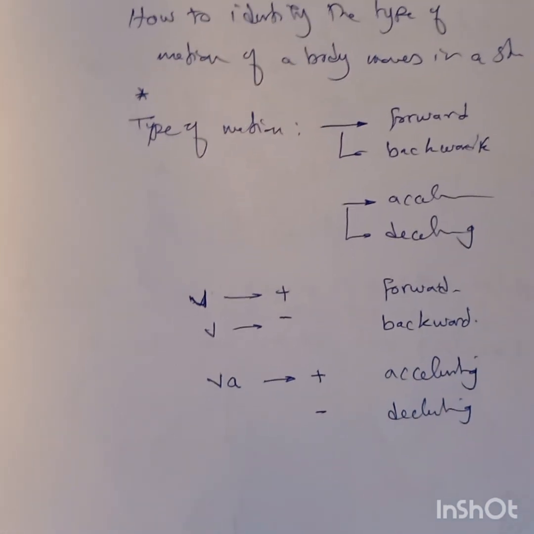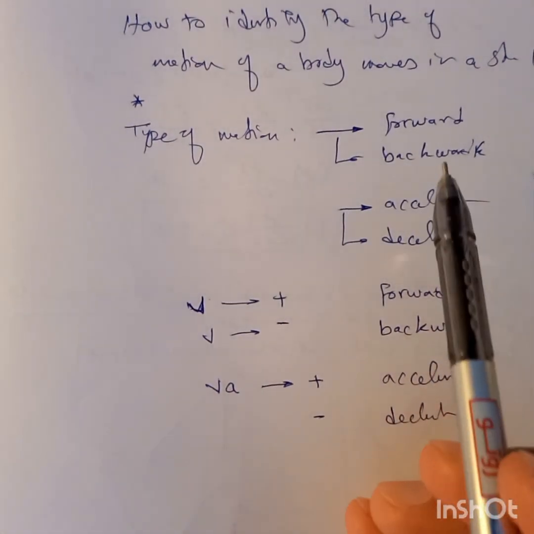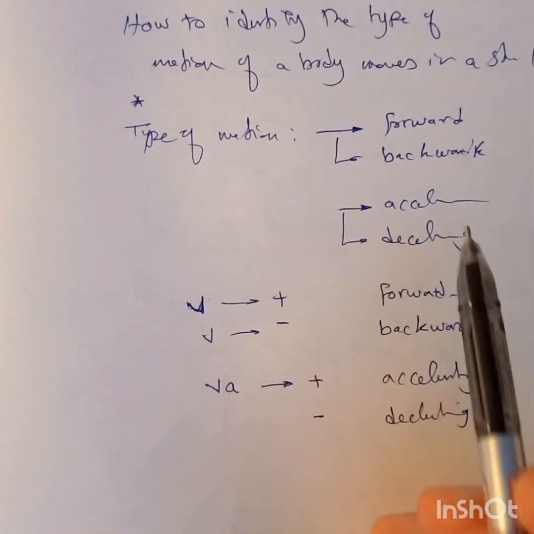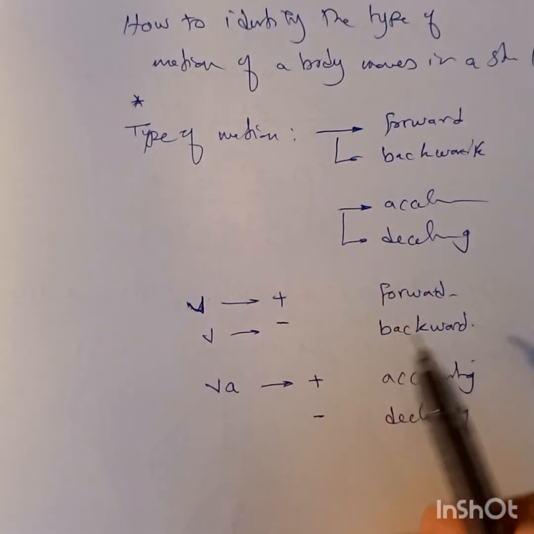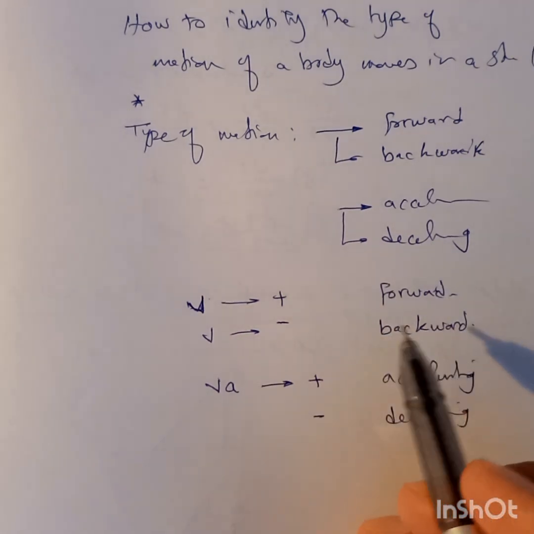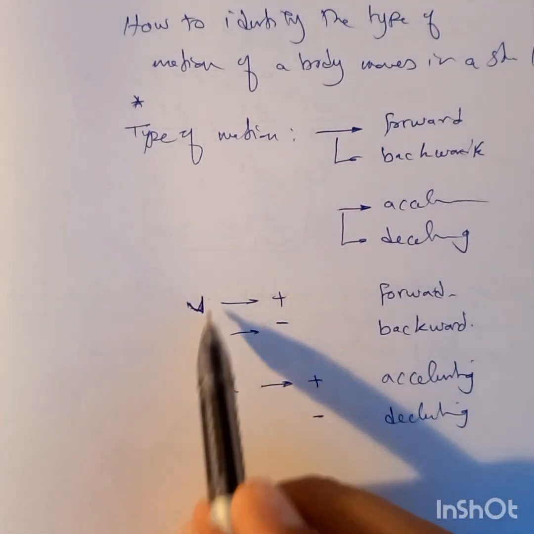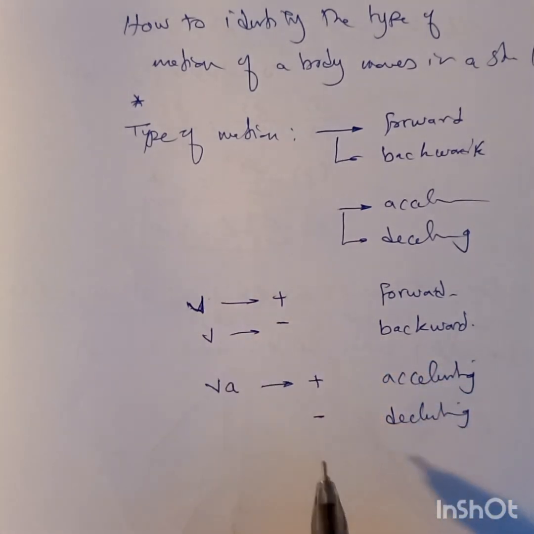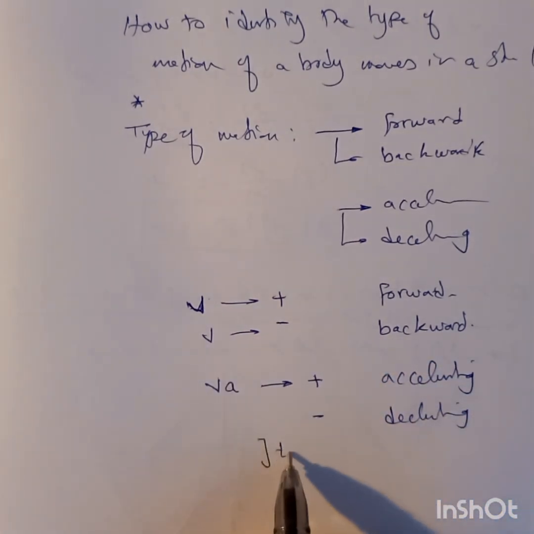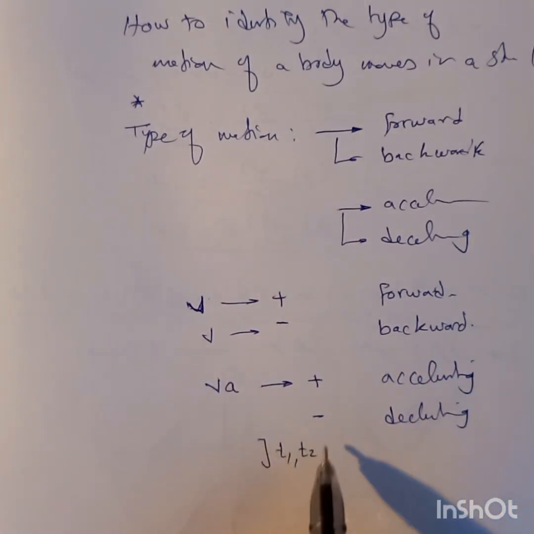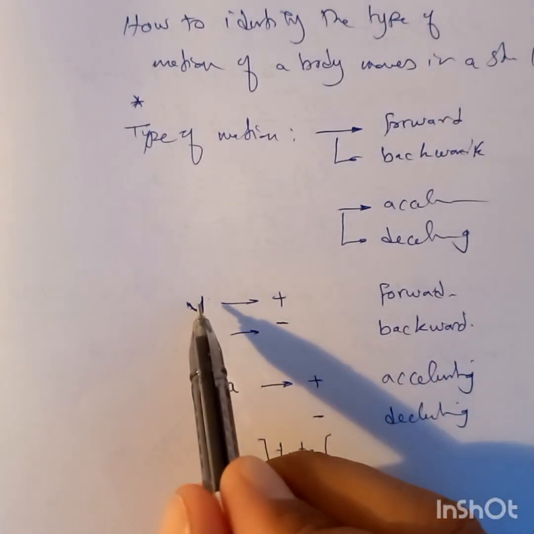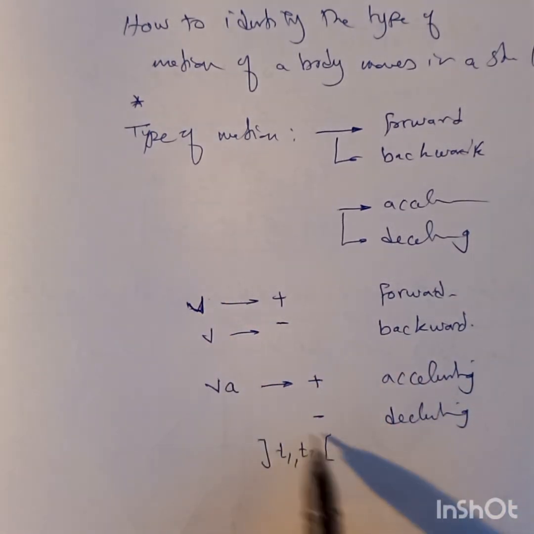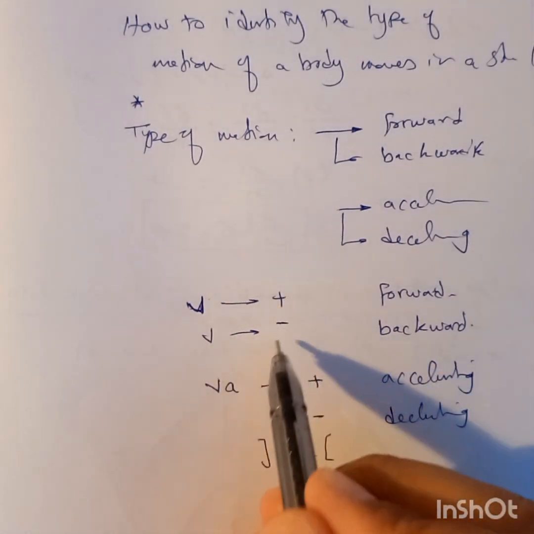Then if we have an equation representing the motion of a body, or a curve representing this motion, we have to find first the sign of velocity within any open interval, for example t1 and t2. You check the sign of this velocity during this time interval, if it's positive or negative.